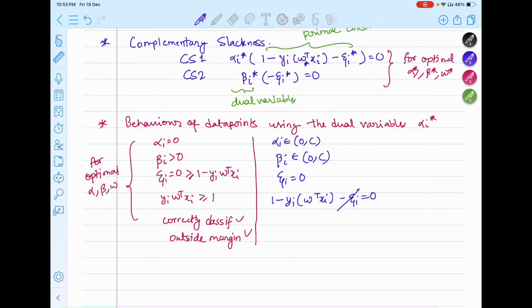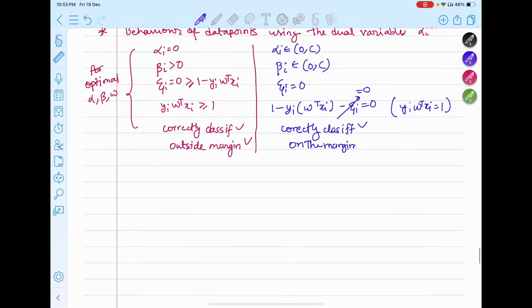Zeta is already 0, so this will get cancelled out. And you can say that 1 minus yi times w transpose xi is equal to 0, which means it is correctly classified and it is on the margin. Why on the margin? Because yi times w transpose xi is equal to 1. That means it is on the margin, right?